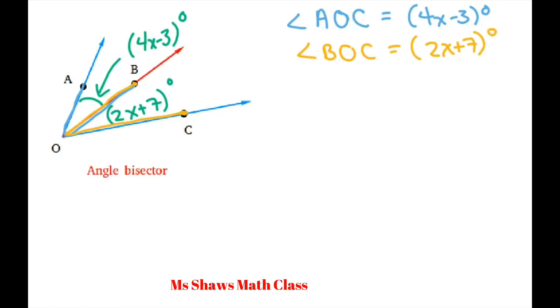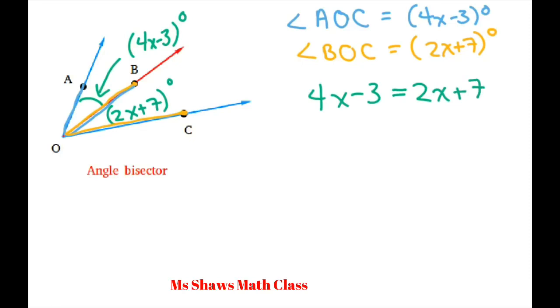That means they have to equal each other because B bisects both of those. So we're going to set them equal to each other. So we have 4x minus 3 equals 2x plus 7.